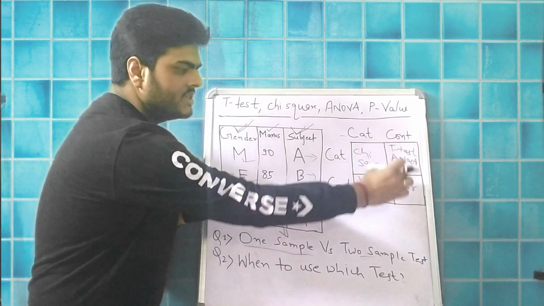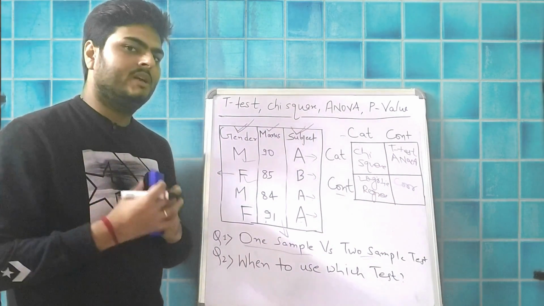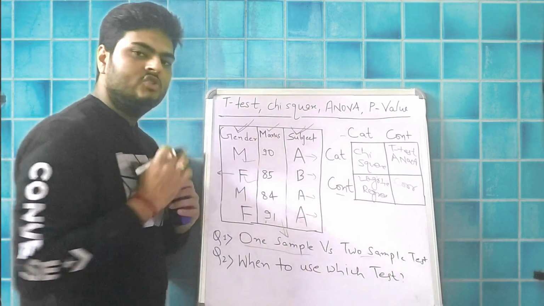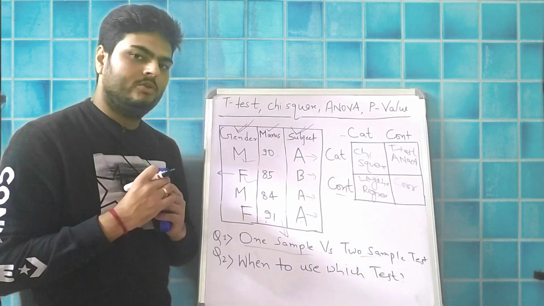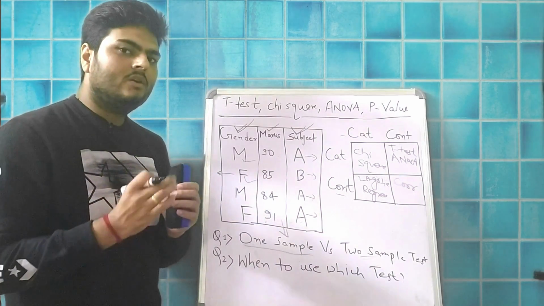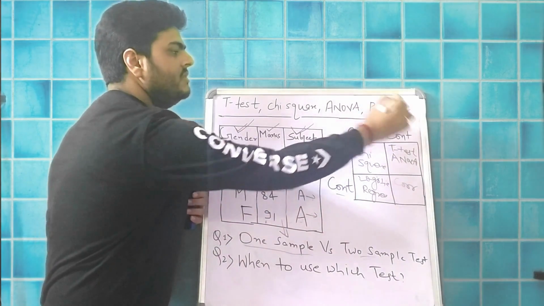Now all these cannot be compared with one another. Correlation ranges from -1 to +1. Chi-square does not have a range; chi-square will give you a p-value. But how do you compare all these things on a similar scale? It is using something known as the p-value.